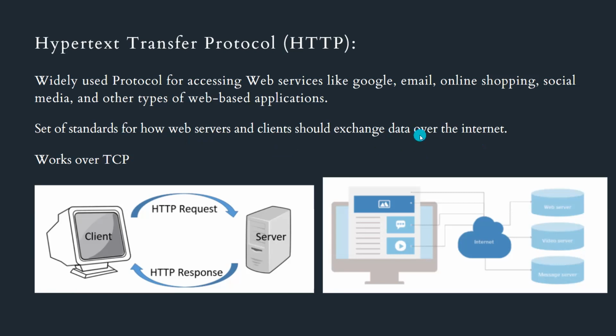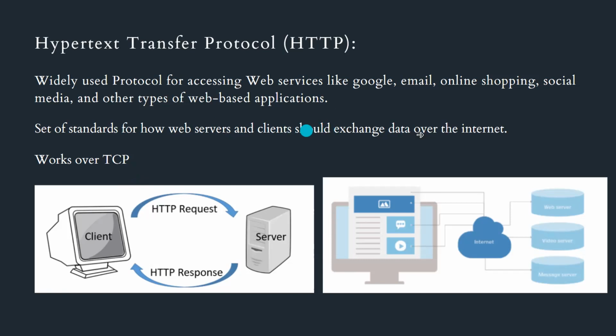HTTP is a protocol that works over TCP, the Transmission Control Protocol, so it is a connection-oriented protocol. Once we are using HTTP, a very reliable connection is created, because TCP creates connection-oriented communication, and therefore we can have a reliable link with the server and obtain information reliably.